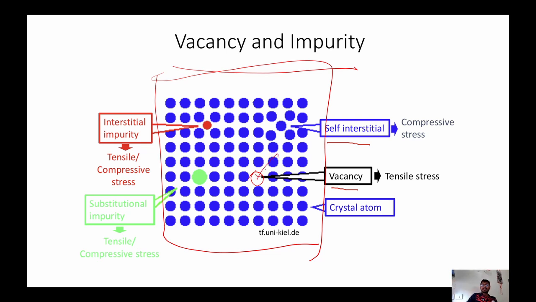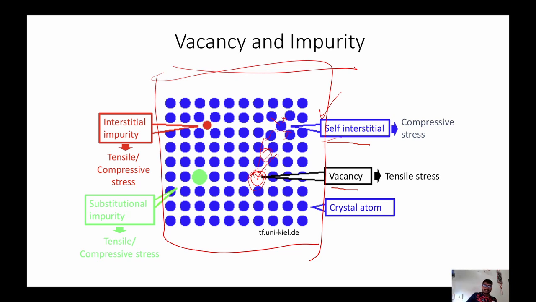Another is the self-interstitial. If the missing atom sits at an interstitial position, then there is a self-interstitial kind of defect, which forms a compressive stress over the other atoms.